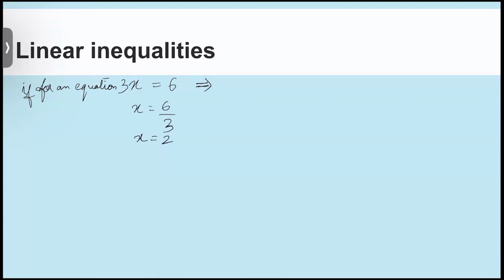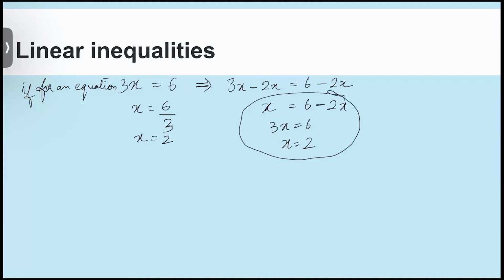But the other way you can do this is, say, subtract 2x from both sides, so x equals 6 minus 2x. We are not really considering this part. Obviously this will again give you the same thing, but this is a step that you can do.